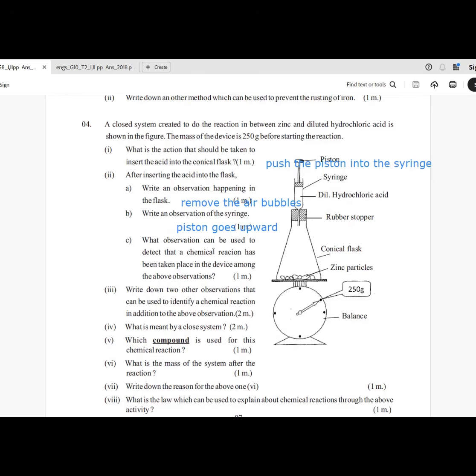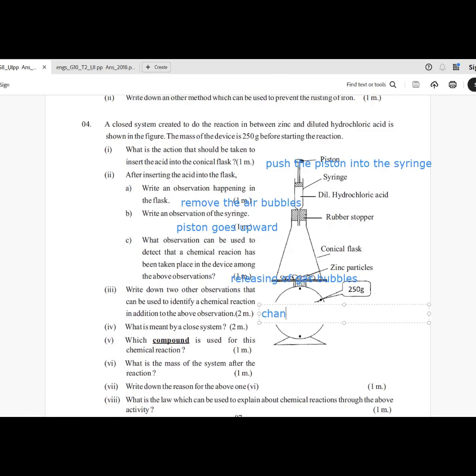What observation can be used to detect that a chemical reaction has taken place in the device among the above observations? Releasing of gas bubbles. Write down 2 other observations that can be used to identify a chemical reaction in addition to the above observation.